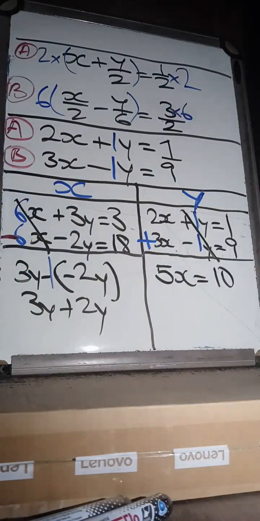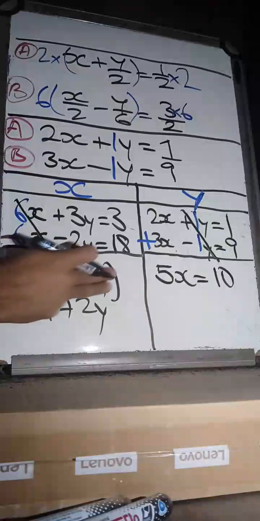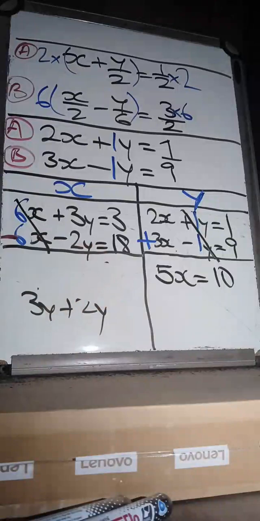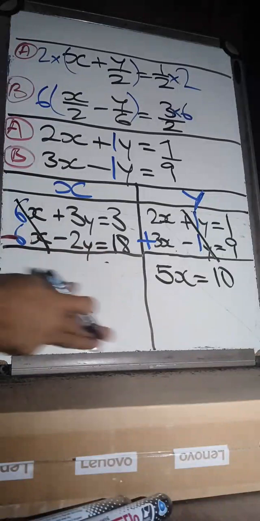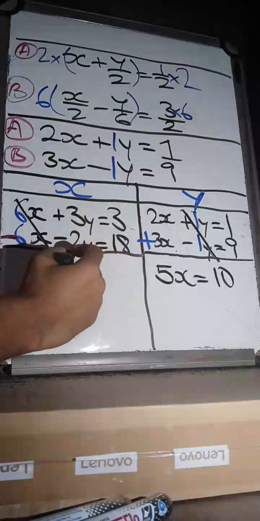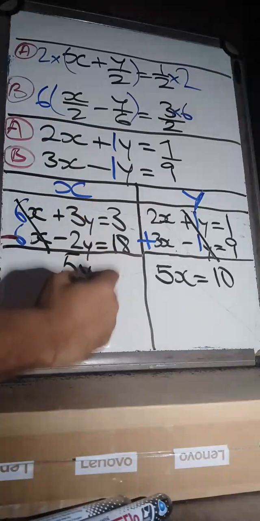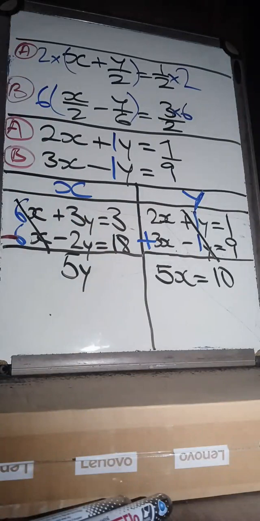So if you multiply minus 1 by minus 2y, you end up with plus 2y. So that's why you end up with 3y plus 2y, giving you 5y on this side. Okay? So that's why you have that.